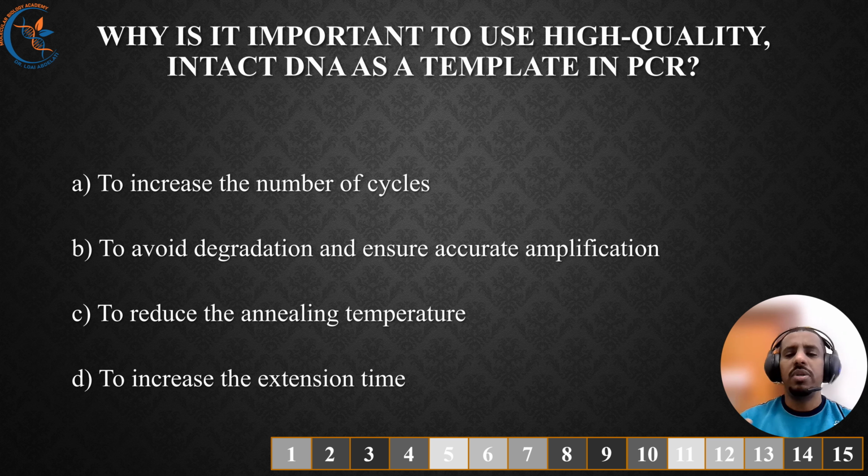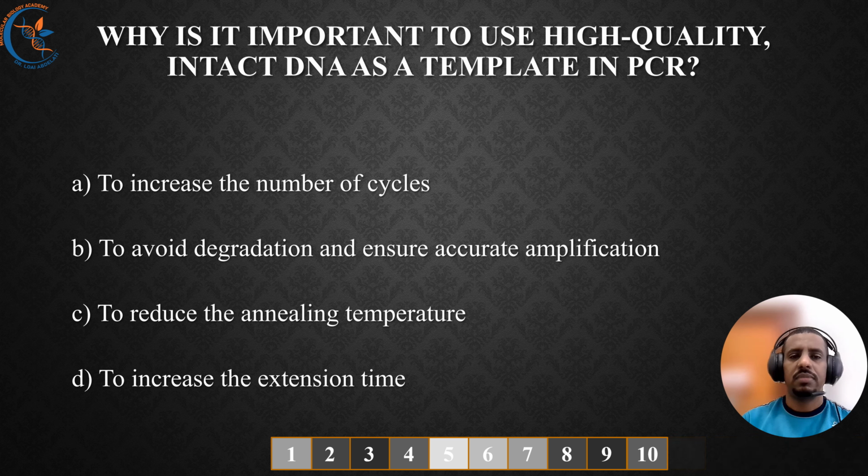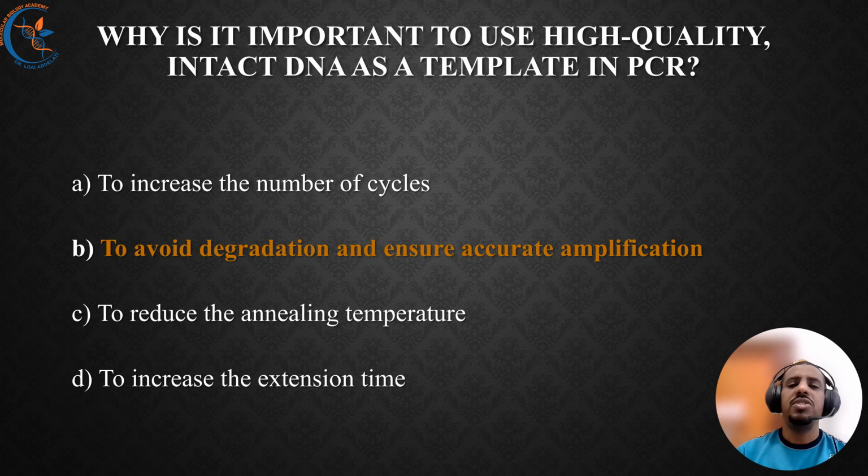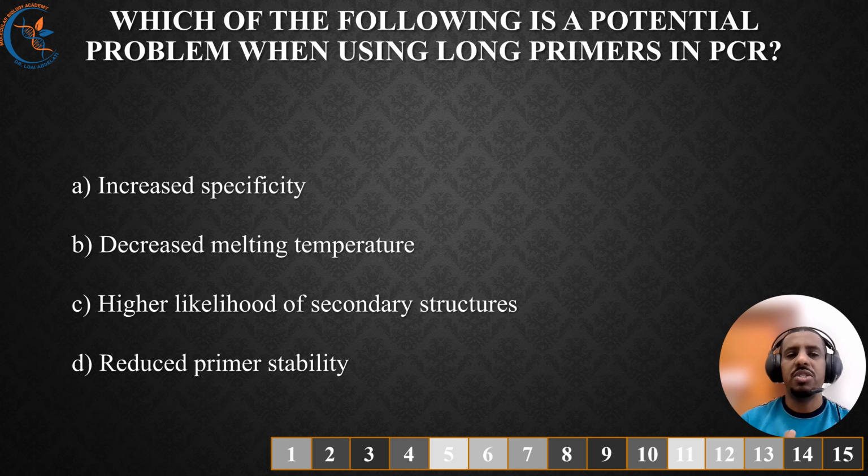Why is it important to use a high quality intact DNA as the template in PCR? The correct answer is to avoid degradation and ensure accurate amplification. Okay? All right, next question.